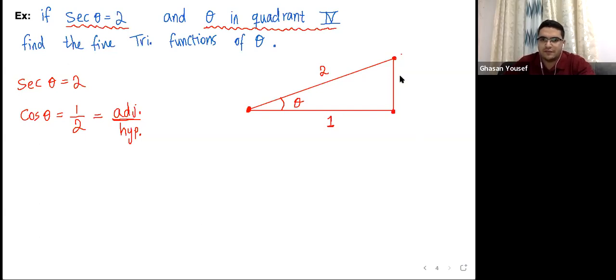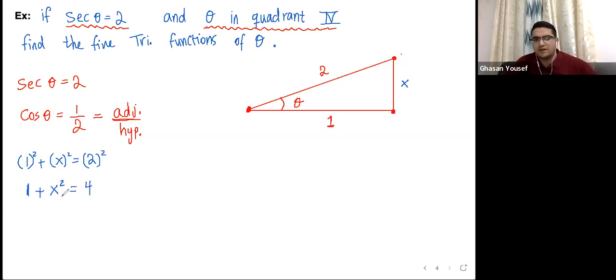Now the unknown is x. We can find the value of x by using the Pythagorean theorem. The Pythagorean theorem says 1 squared plus x squared equals 2 squared. 1 squared is 1, plus x squared equals 4.